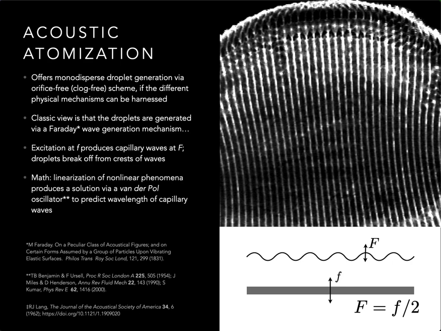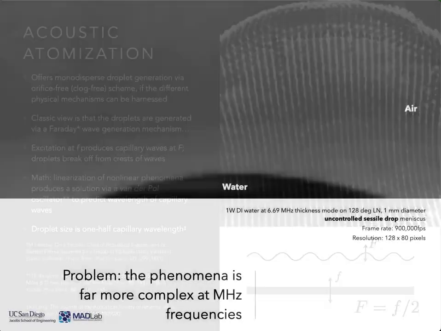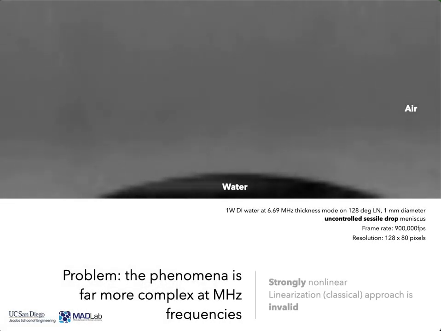The issue is that while the math that has been used to make sense of this has been helpful, the reality is rather different. When we look at excitation at the megahertz frequencies, instead of, say, physically tapping, we see far more complex phenomena.